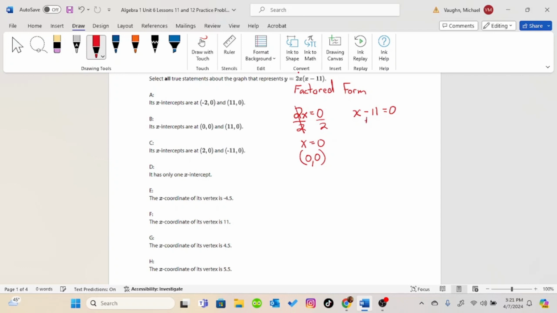The other factor, we would add 11 to both sides to eliminate it on the left, and we have x equals 11, so the other x-intercept is at (11, 0). This matches B, so A is wrong, C is wrong, and D is wrong.